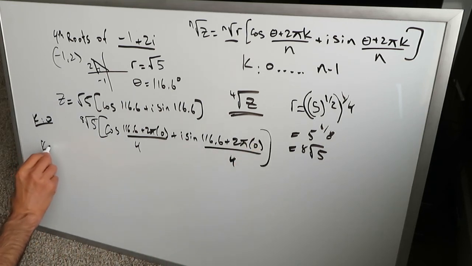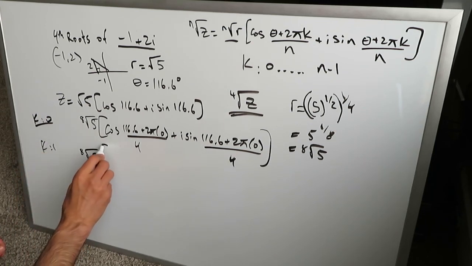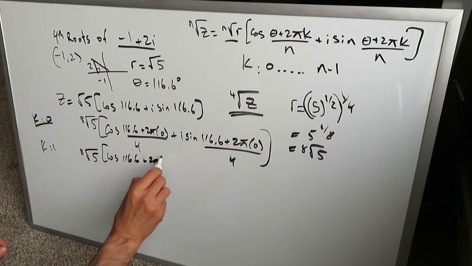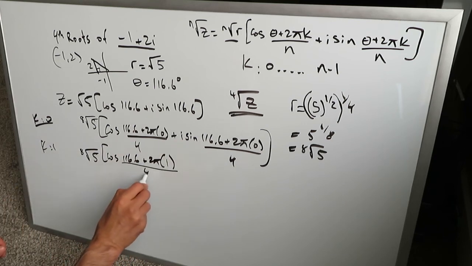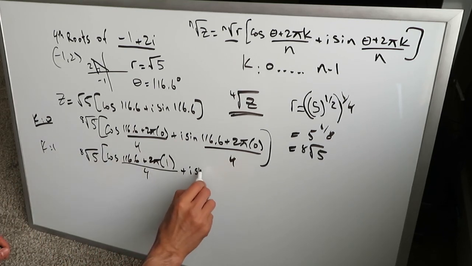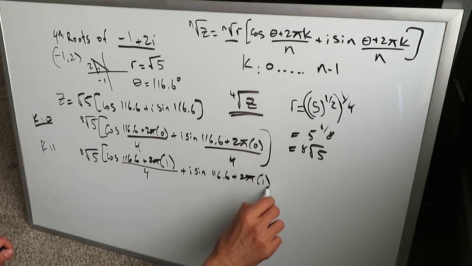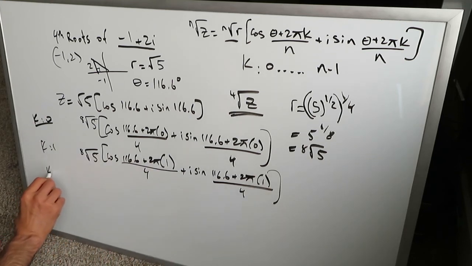My next one, k value of 1, will be still the same modulus, the 8th root, cosine of 116.6 plus 2 pi times k value here of 1, all divided by 4, plus i sine 116.6 plus 2 pi times k value of 1 divided by 4, and my k value of 2.